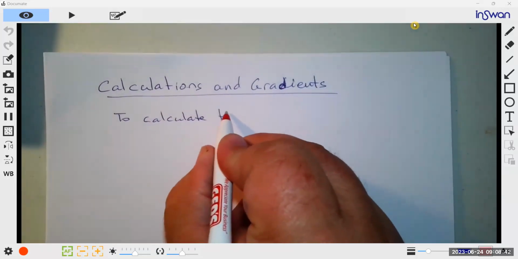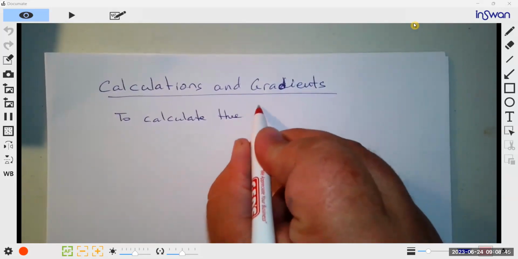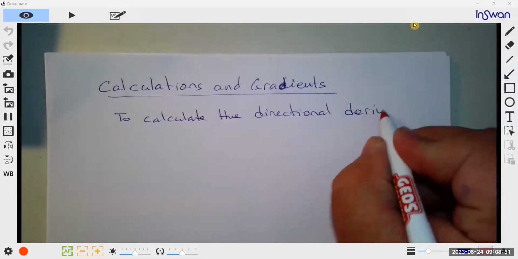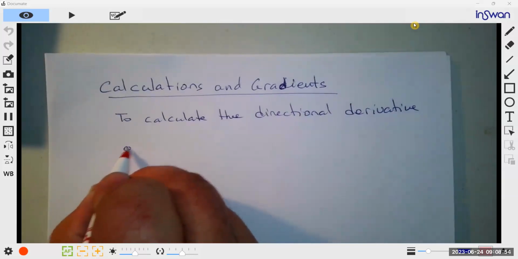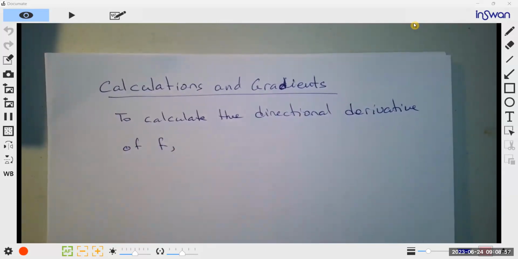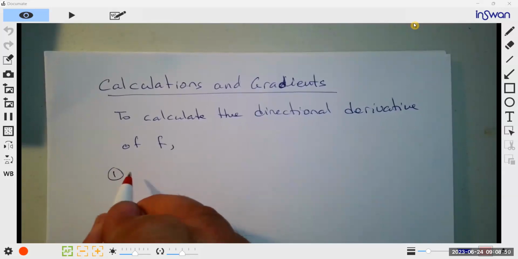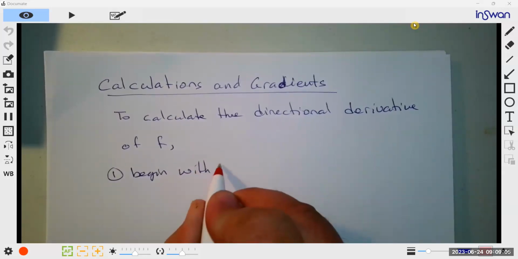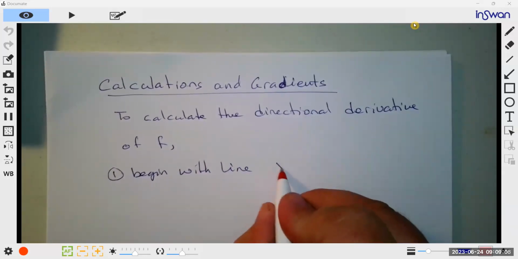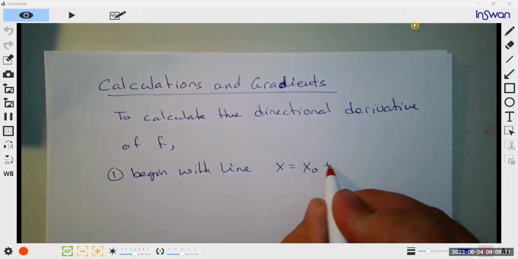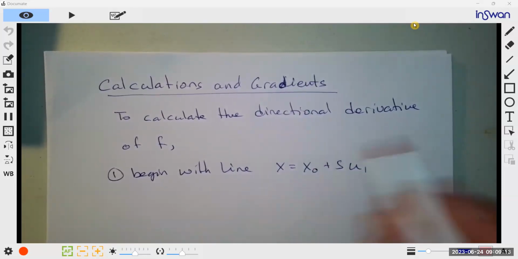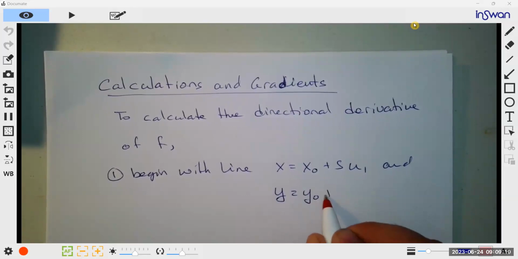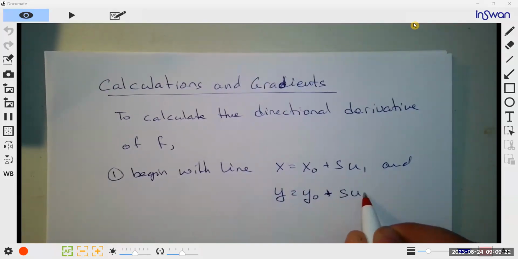To calculate the directional derivative of f, step 1: begin with the line, parametrizing x equals x sub 0 plus s u sub 1 and y equals y sub 0 plus s u sub 2.